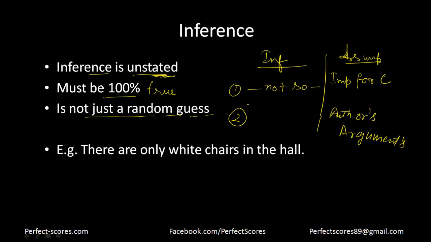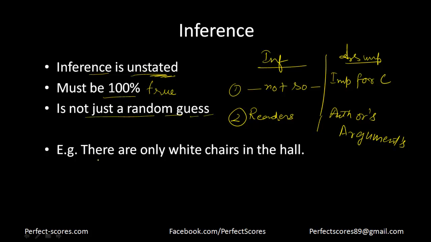Whereas inference, we as readers take the inference. It is from the reader's point of view. So remember one thing, inference is not important for the conclusion to be correct, whereas assumption is. It's an important building block. It's one of the three parts of an argument apart from conclusion and premise. Inference is extra information, what we can deduce from the argument.